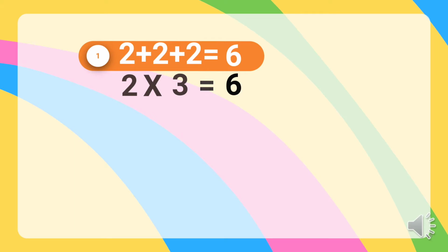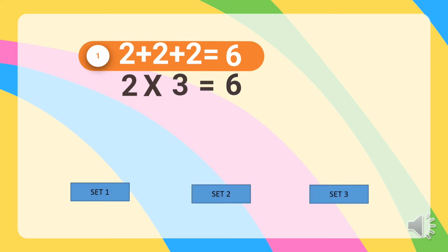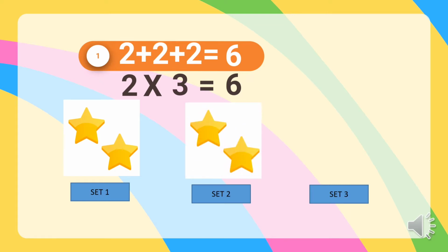In this example, we have 3 sets of stars. Each set has 2 stars. Okay? So 2 plus 2 plus 2 is equal to 6.